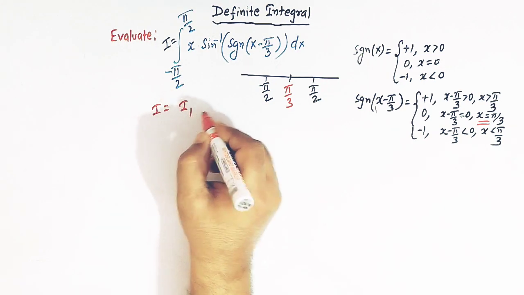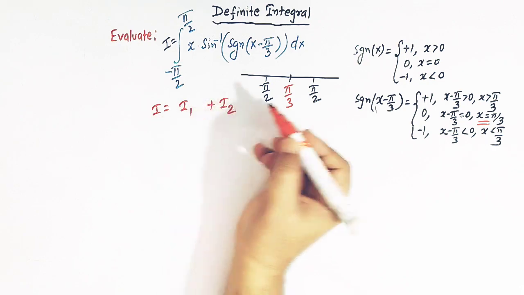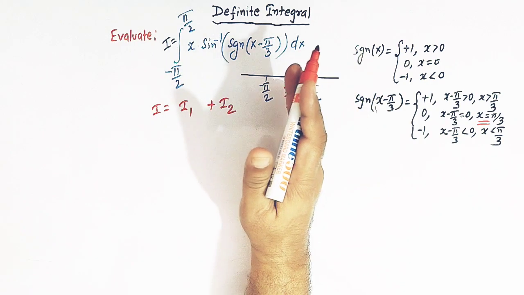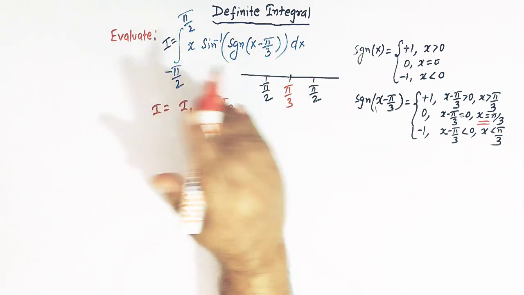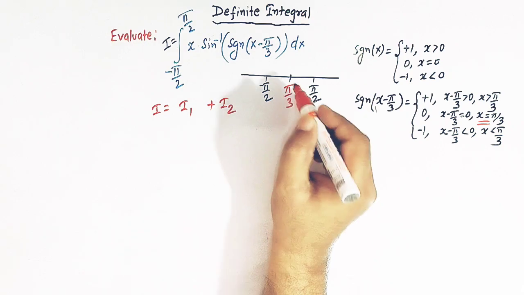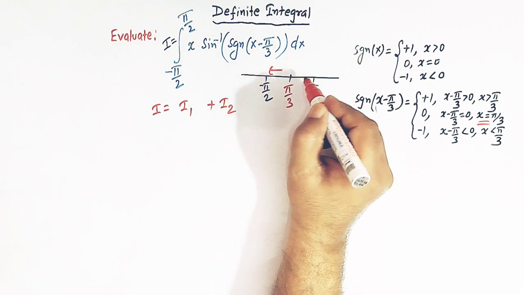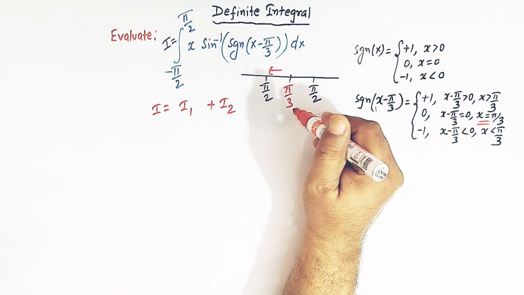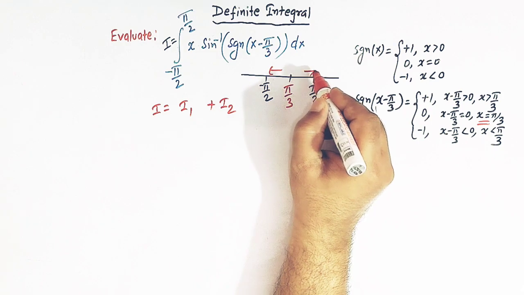So we can now write I1 plus I2, because all the values of x which lie towards the left of pi by 3 are less than pi by 3, and all the values of x which lie towards the right of pi by 3 are greater than pi by 3.